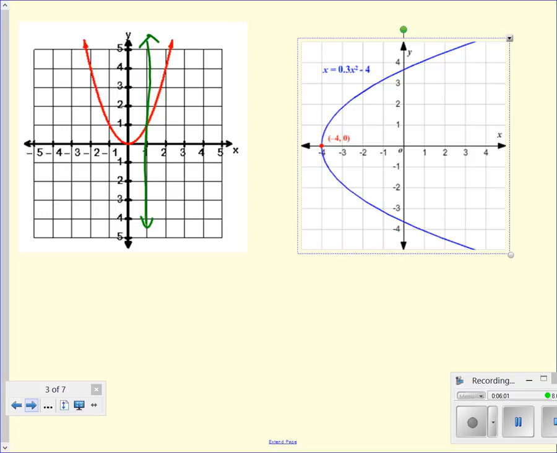If the straight line only hits it at one point, then it's a function. If I draw a straight line and I hit the graph at 2 points, say right here, right here, then it's not a function.